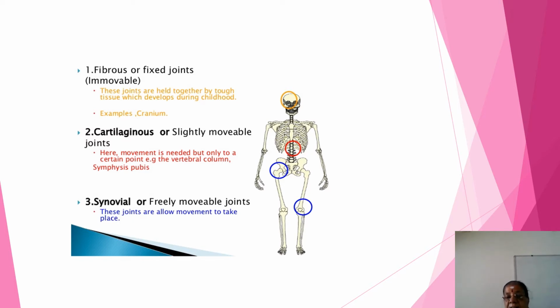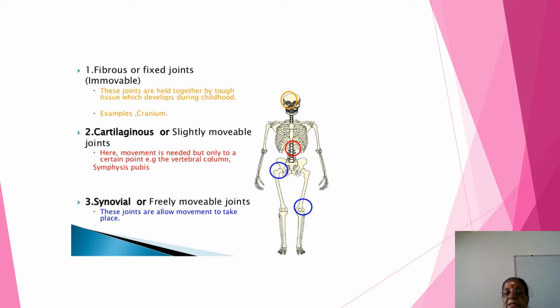In the skull or cranium, the joints are fixed except the lower jaw. I hope you are listening. The joints are held together by tough tissue and develop during childhood. Example, cranium. Is it clear?